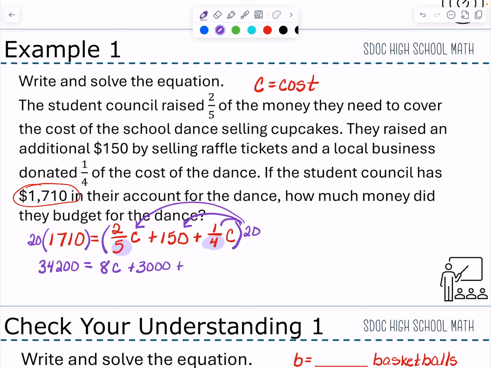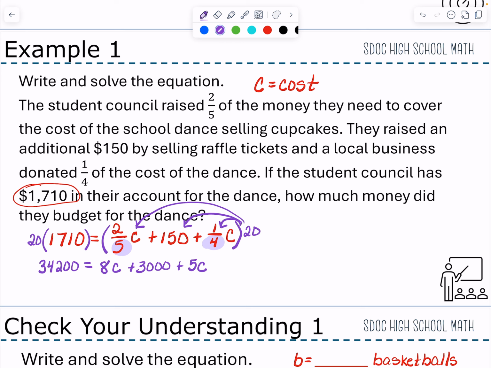And 20 times 1/4 gives me 5 times the cost. So it looks like I was eliminating my denominator, but really what I did is make the whole problem 20 times bigger. That's why my numbers are much larger now, so that I don't have to deal with fractions.